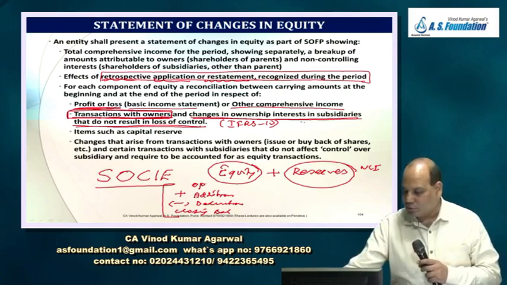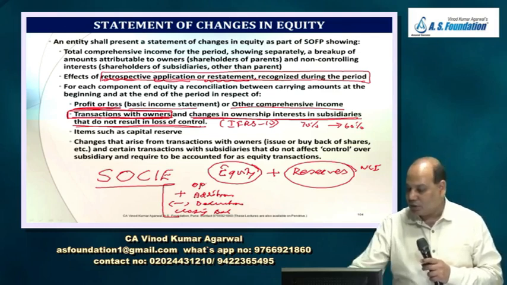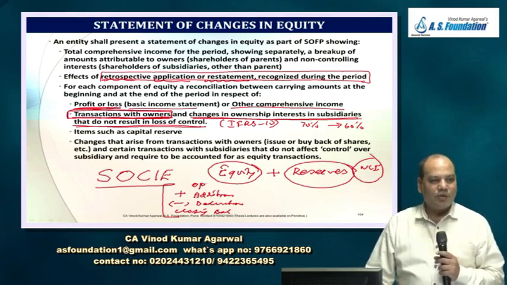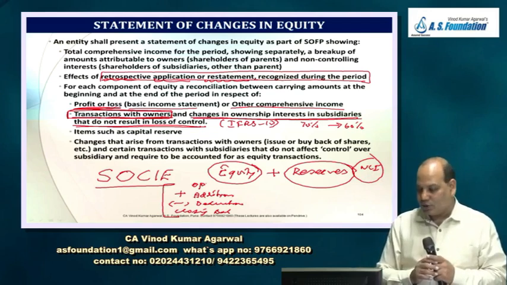For example, suppose you're holding 70% share, you sold 10% share, you are still holding 60% share, so you still have control, but then NCI share will go up, your share will come down, so some adjustment will have to be done. So that is your point number this.